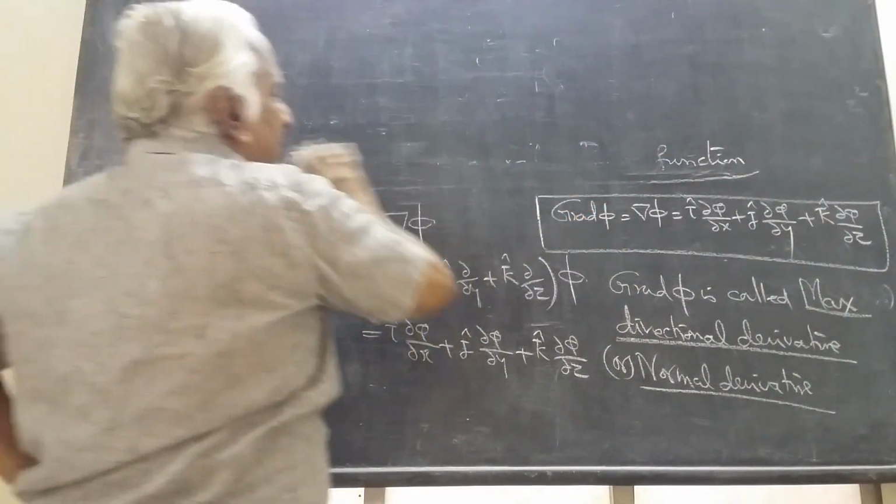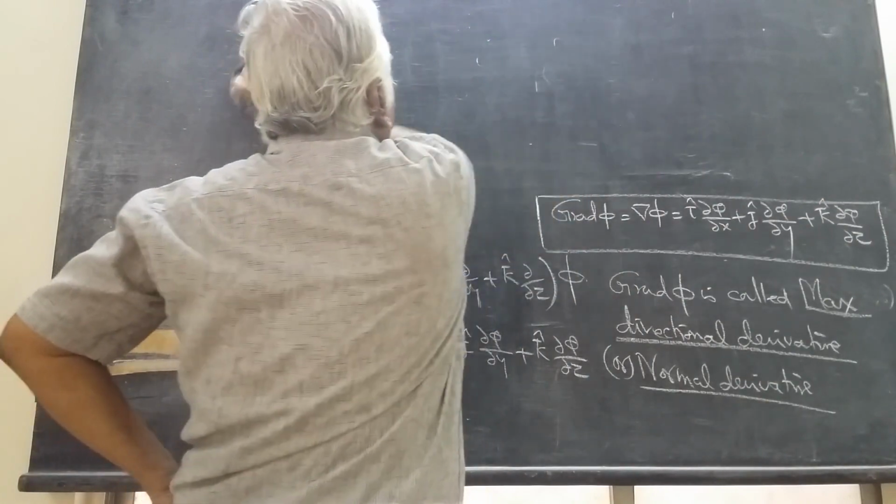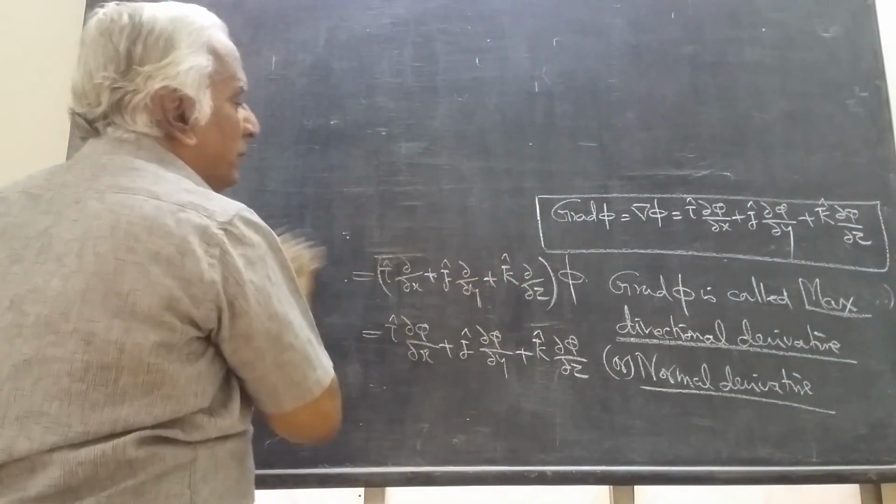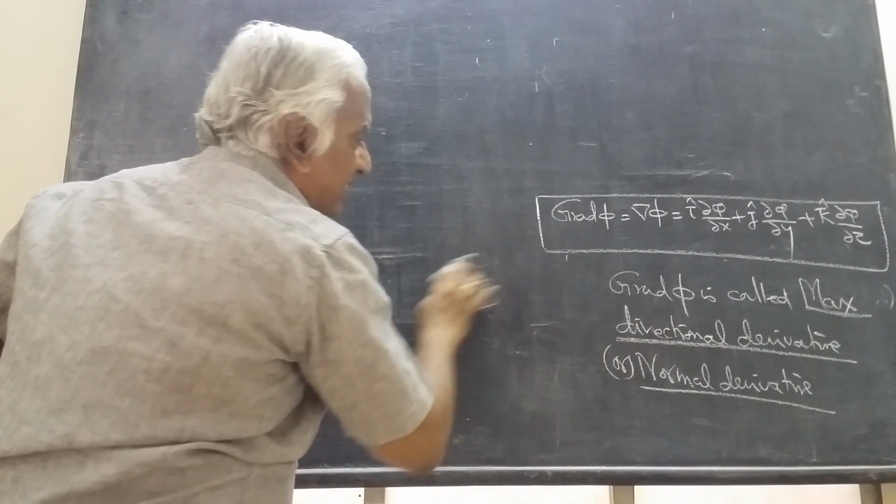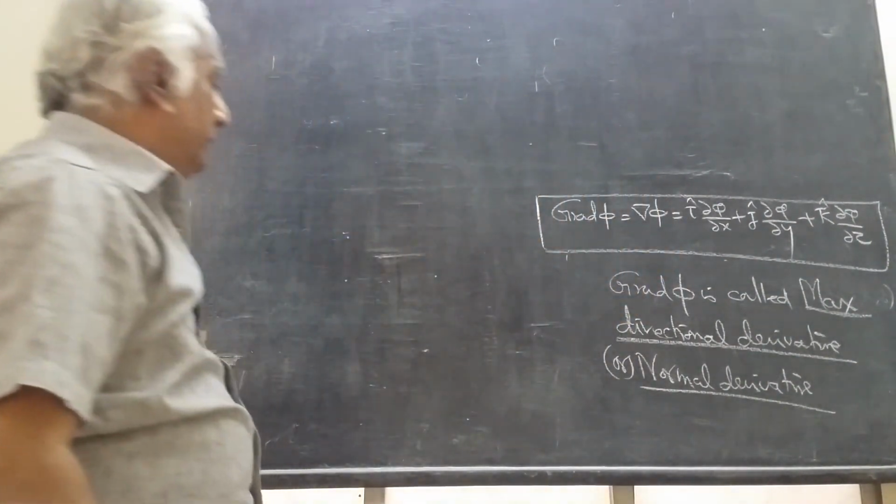The gradient phi is a vector, and a vector will have magnitude and direction.